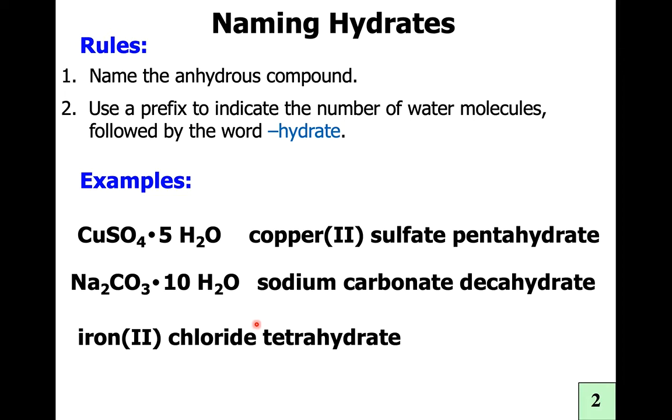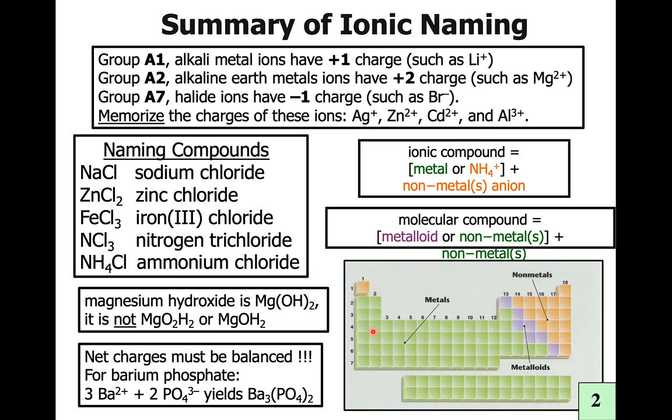Iron 2 chloride tetrahydrate. Here I'm working backwards. I know this iron is 2+, so there must be 2 chlorides. So FeCl2, then the dot to tell me that's a hydrate, tetrahydrate, 4 water molecules.